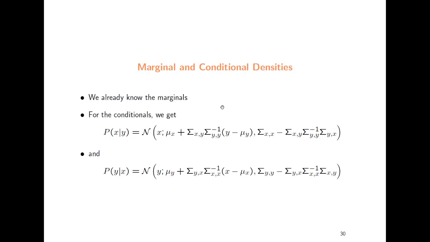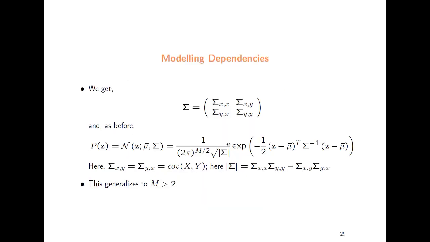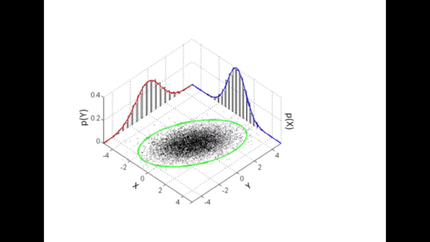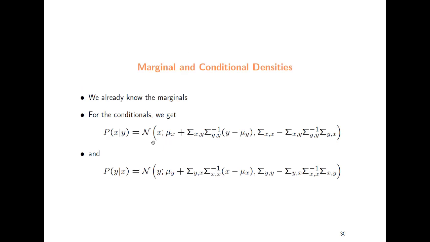So this equation sometimes comes in handy. So we know what the joint distribution is, this one. What is the conditional distribution? So it turns out, and I don't derive it here, that the conditional distribution x given y is a normal distribution again, evaluated at x.